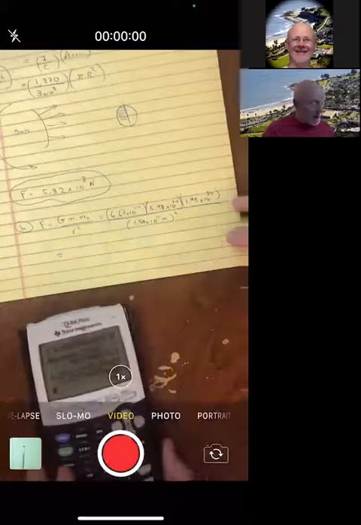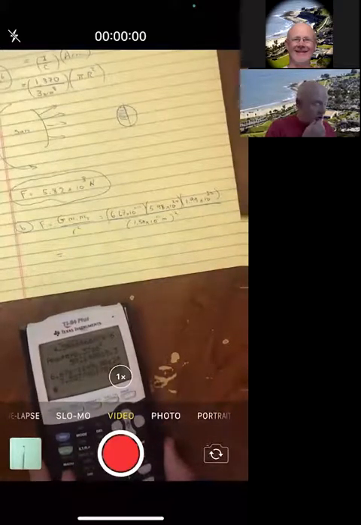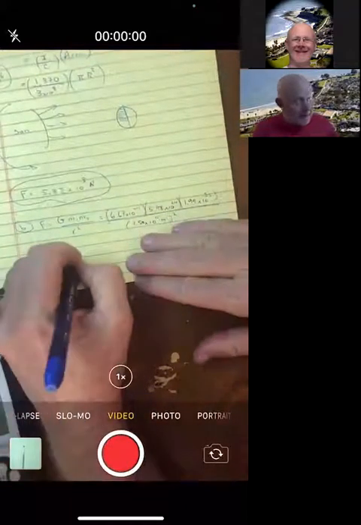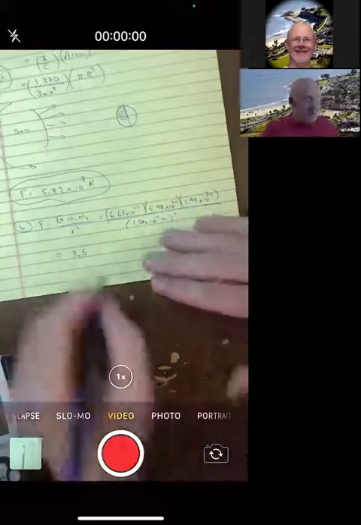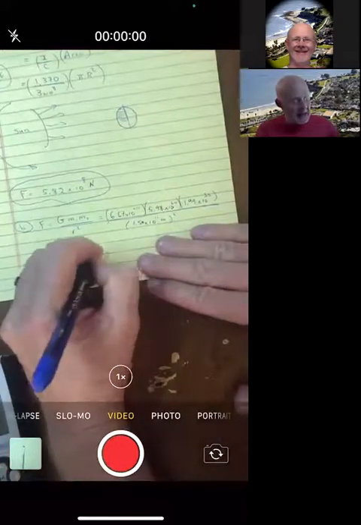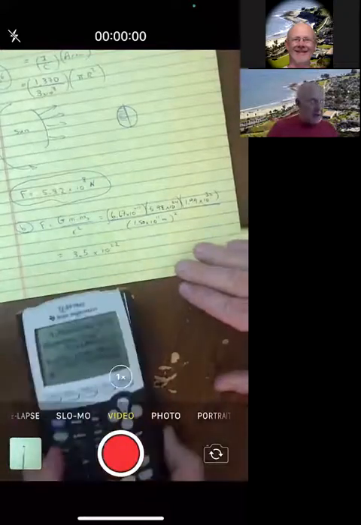And, oh, wow. I said trillion. That's going to be hundreds of trillion. Okay. Even smaller than my guess. But it's 3.5 times 10 to the 22nd newtons.